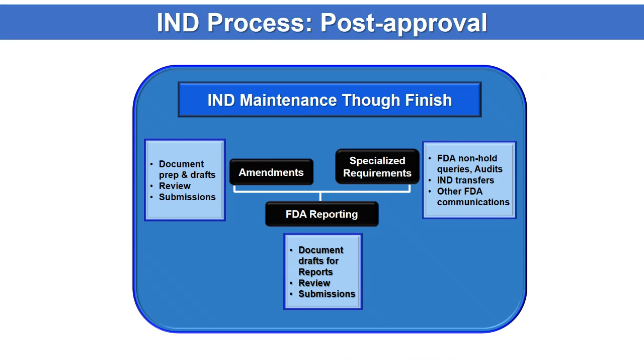For instance, the agency can send out queries. They can schedule audits. And sometimes there are situations such as investigators exiting the institution when they are holding an IND. So these are some special situations that need to be addressed with the help of certain document submissions or some reviews or some other form of support that will certainly be available from the sponsor investigator support.